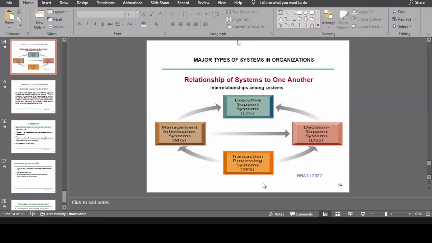Sir, if I come in, would you allow me to add on this, trying to throw light on why the arrow is not there? We realize that at the transaction processing level, assuming we have customer orders, the executive doesn't want to know about customer orders.